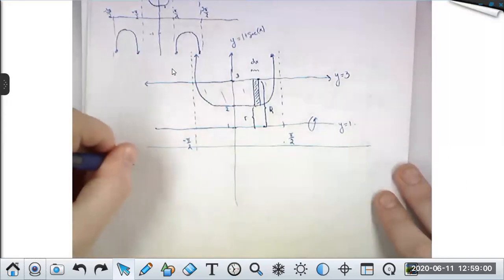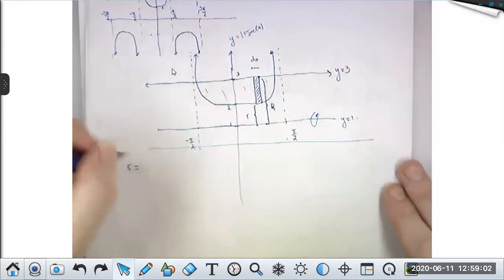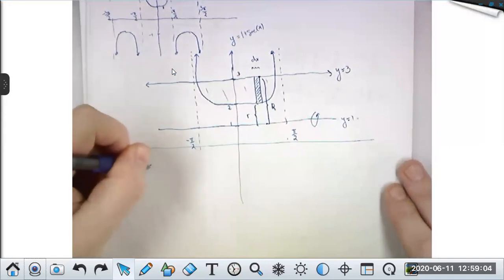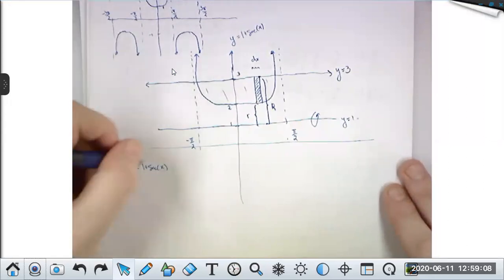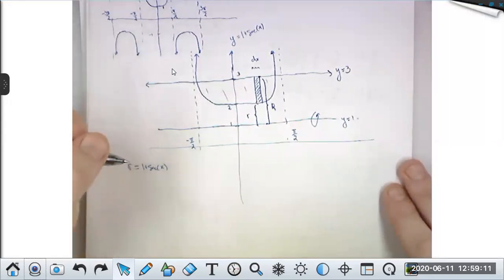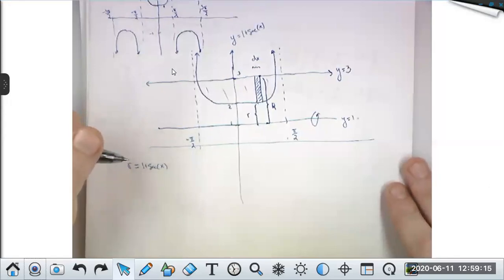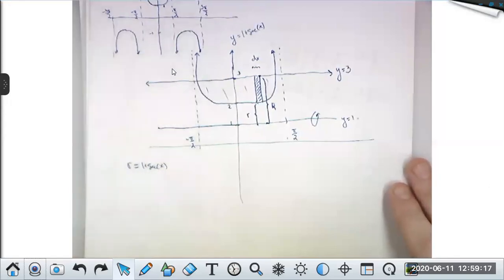Little r, I believe on mine, would be 3 minus, in parentheses, 2 plus secant x, or would it be 2? Yeah, 2 plus secant x, which would just be 1 minus secant x, right? That would be the height of the strip. The height of the strip isn't actually what we're looking for.